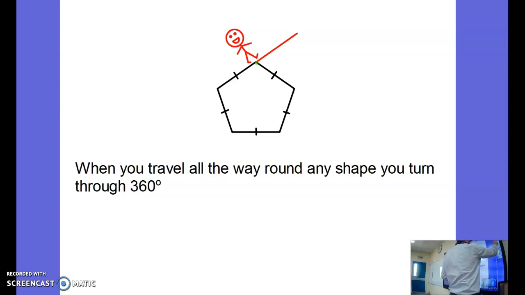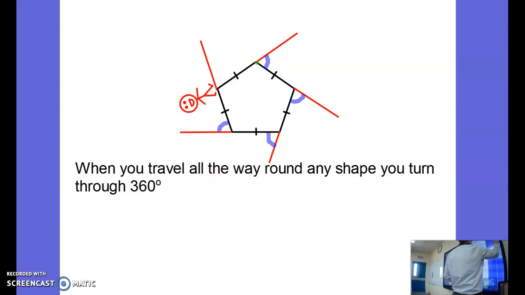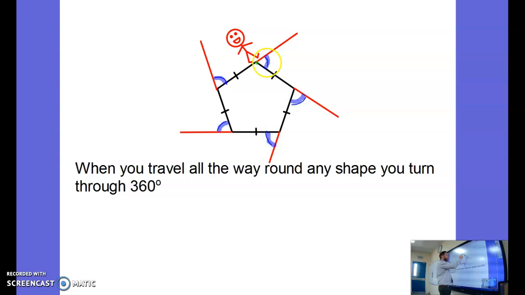Let's just have another little demonstration with this man. He starts there, turns through 1, 2, 3, 4, 5 turns, and he gets back to where he started. He has done a full turn. This angle plus this angle plus this angle plus this angle plus this angle is 360 degrees. Now with a regular polygon, these are all going to be the same size.